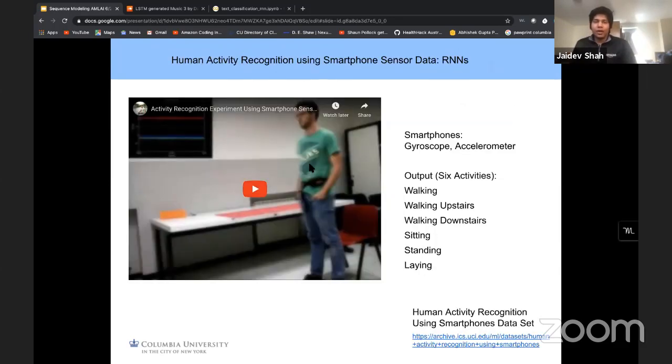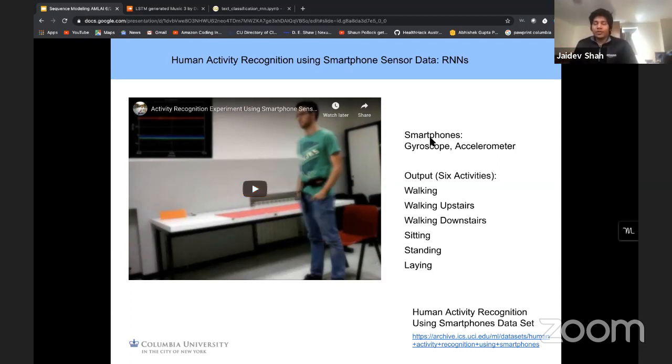That's a good example. Okay, so here's another very nice example of how you can use an RNN on sensor data. So instead of speech signals or text or stock prices, we have raw sensor data. In this case, the sensor data comprises data collected from the gyroscope and the accelerometer based on anyone's smartphone.